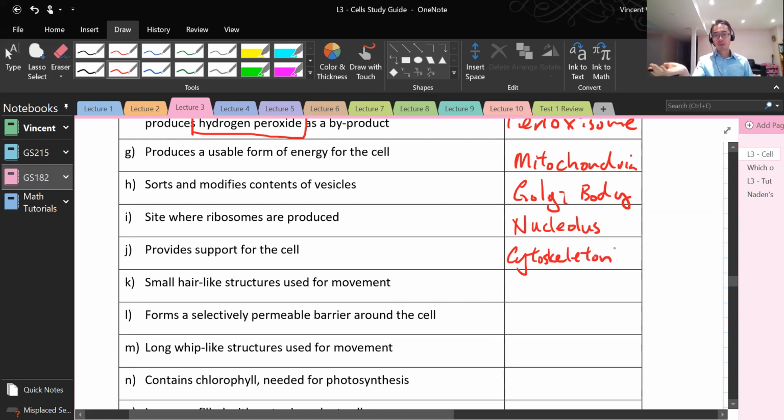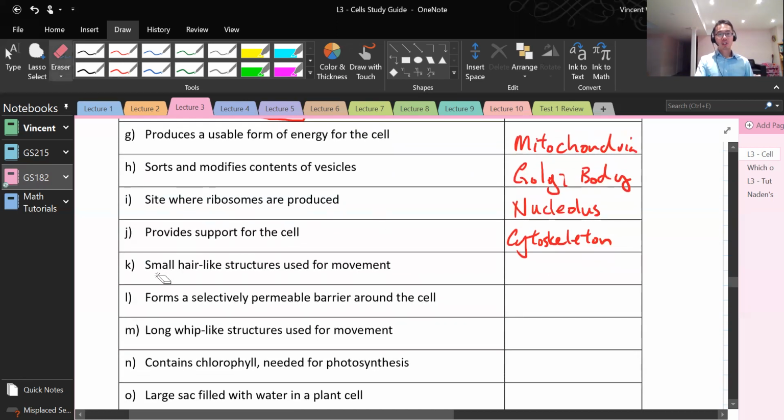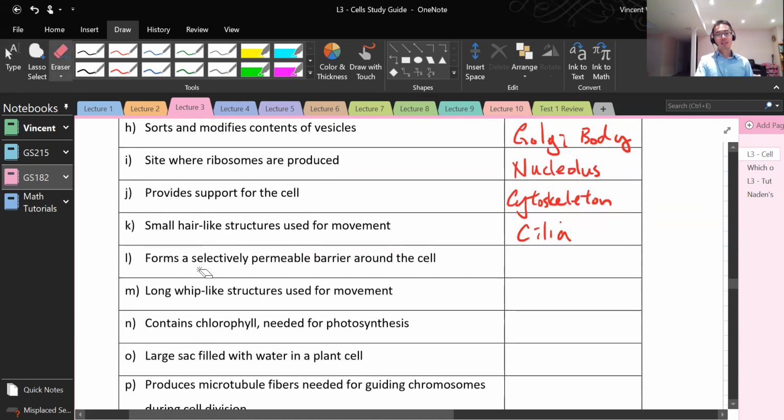Specifically there are the intermediate filaments and the microtubules. Small hair structures used for movement, cilia. Forms a selectively permeable barrier around the cell, that would be the cell membrane.